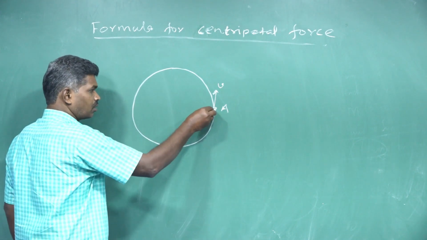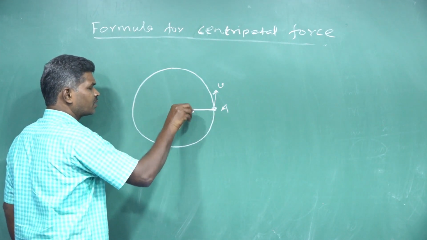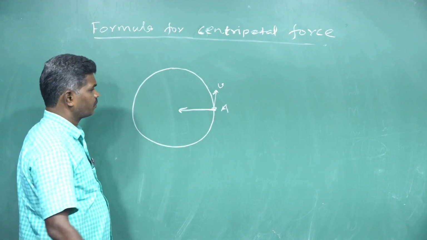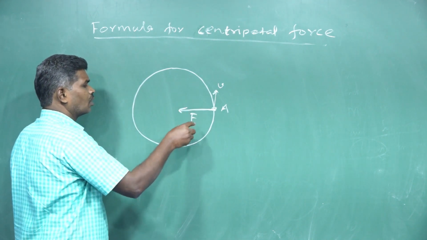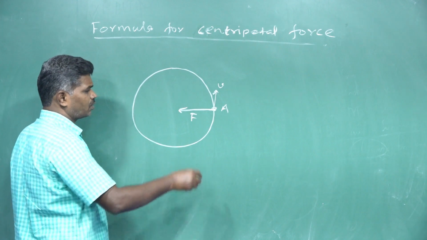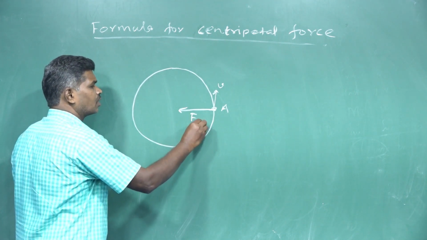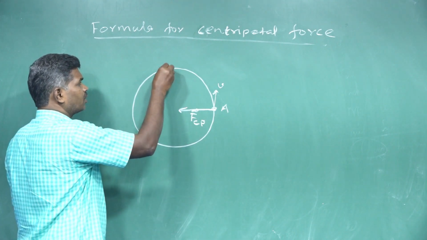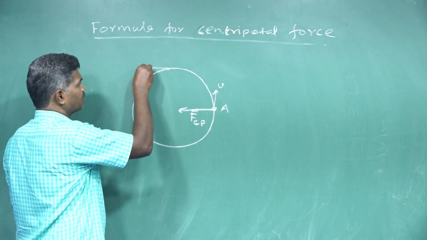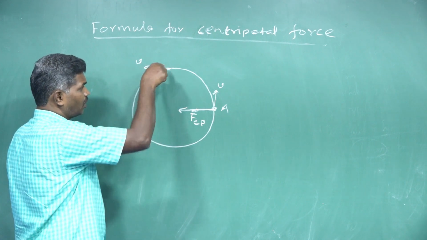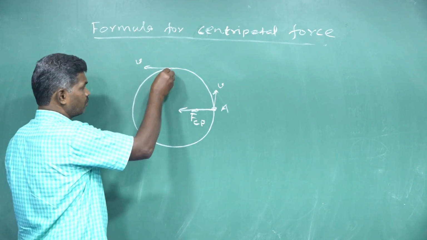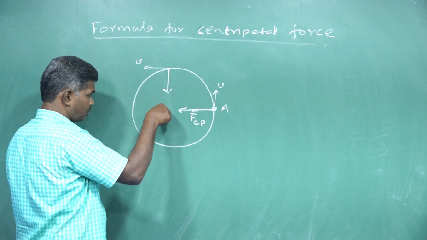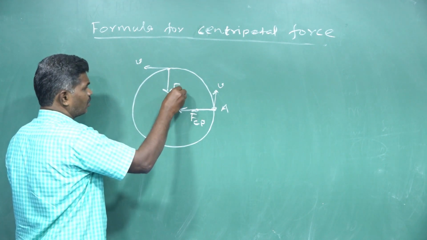But on that particle, force is acting towards the center of the circular path. That's why it is called a centripetal force. If you take this point, the velocity direction is the tangent direction at that point, but the force acts towards the center of the circular path.